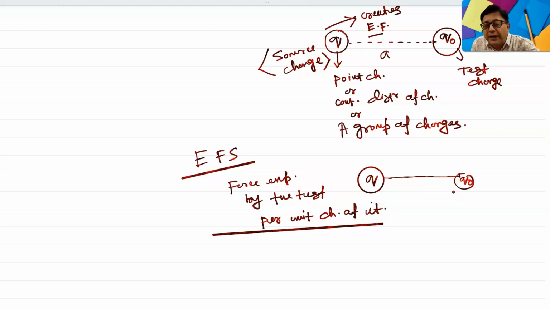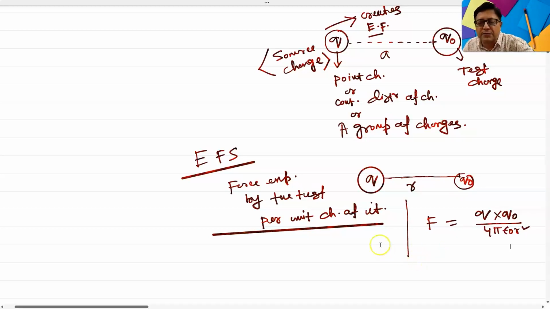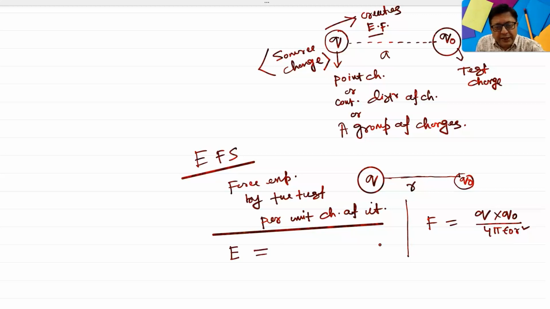Now, to find that value of electric field strength, we first calculate the Coulombic force. The Coulomb's force here is given by F equal to, for the charge Q0 situated at a distance R, it is going to be Q into Q0 by 4 pi epsilon0 R square. By definition, EFS, which we denote by the letter E, is going to be F by Q0.